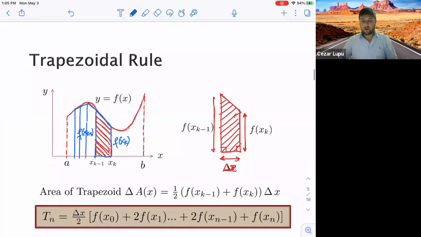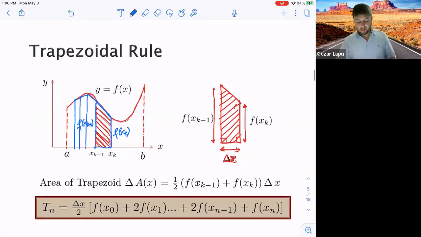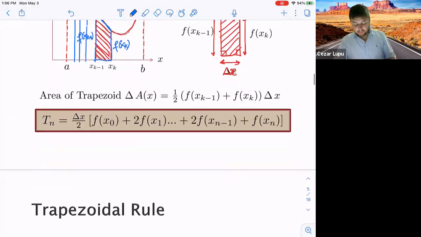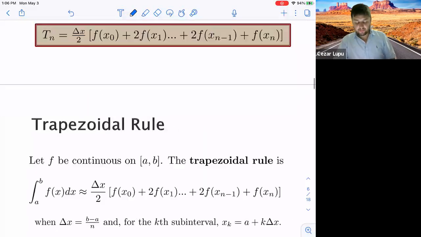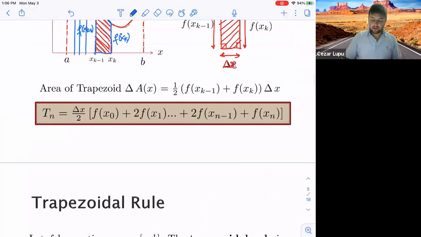All right, and now let me just tell you about the trapezoid rule. What is this all about? You see, basically the area is this. So maybe that would be a good approximation.